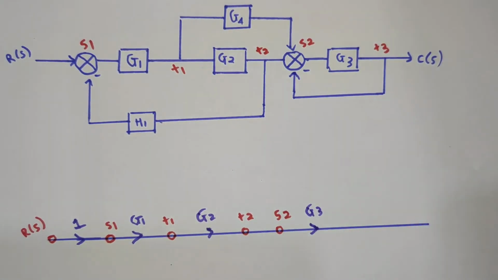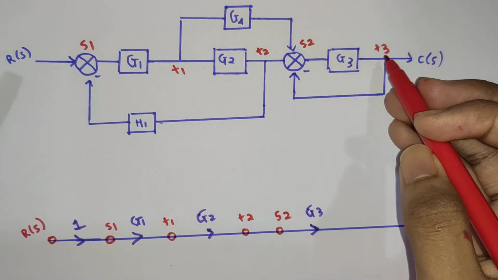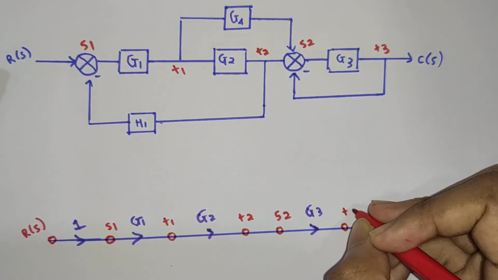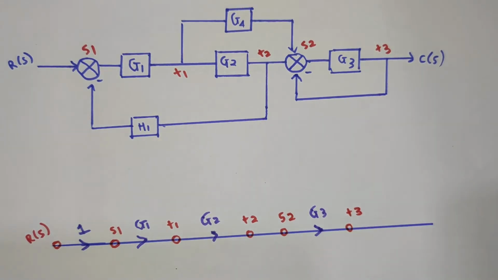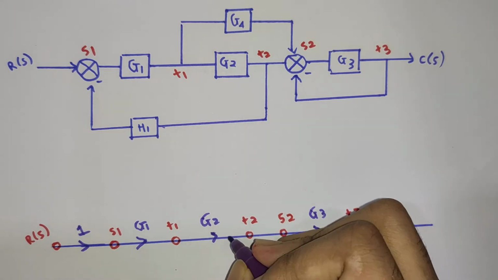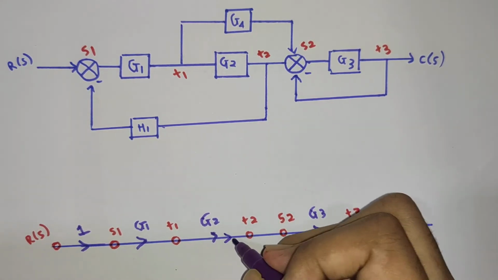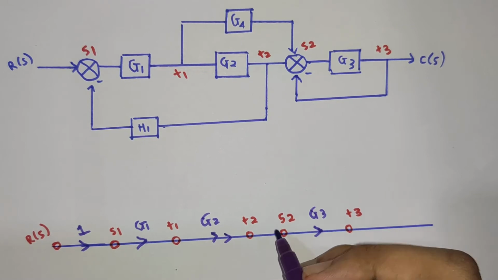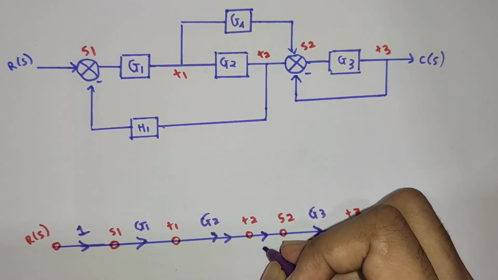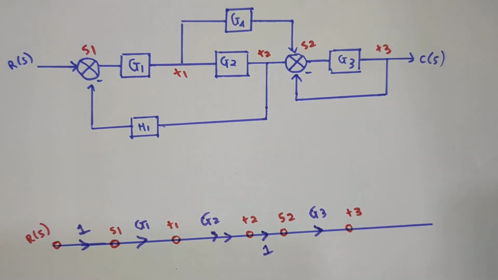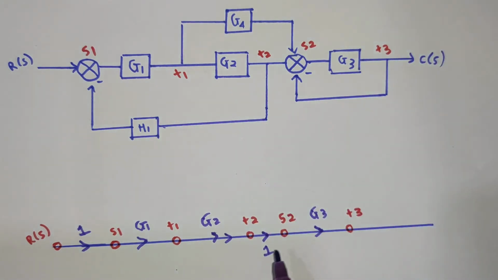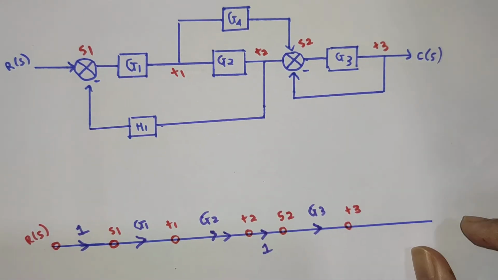Then at the end there's another takeoff point T3. Now there's no gain between T2 and S2, so I am going to write the gain between T2 and S2 as 1, because there's no block connected, which means the gain between them is 1.